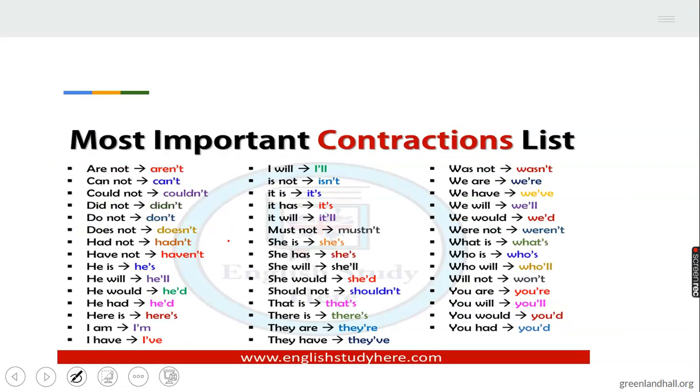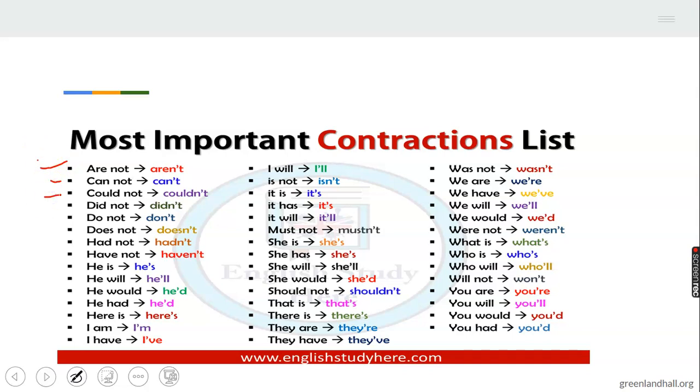Okay, now let's take a look at these important contractions. They are words that are contracted regularly. Everybody uses them regularly. Look at this first one. Instead of saying are not, we aren't coming. Instead of saying I cannot go there, I can't go there. Look at this. What's the third one?